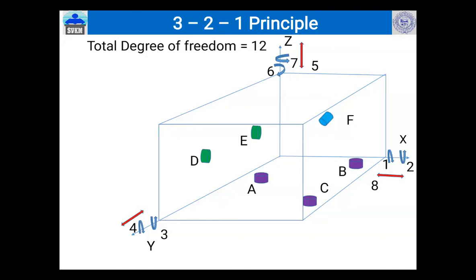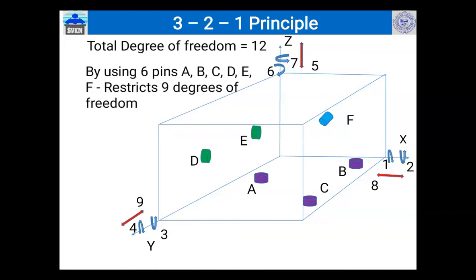Now if we add one more pin F from perpendicular plane to the workpiece, again it will restrict direction 9. So by adding 6 pins, that is A, B, C, D, E, F, restricts 9 degrees of freedom.